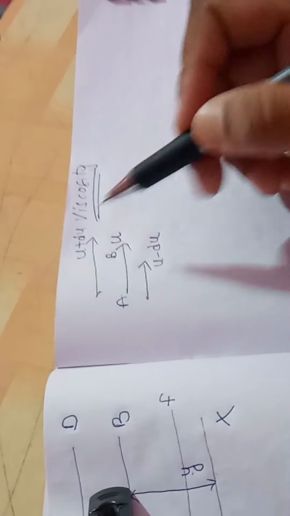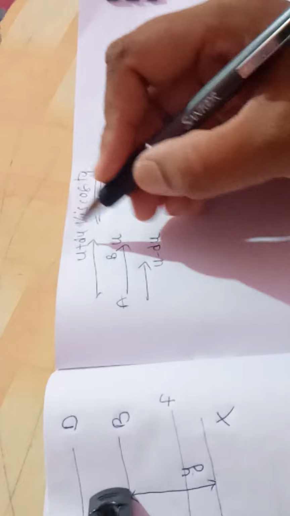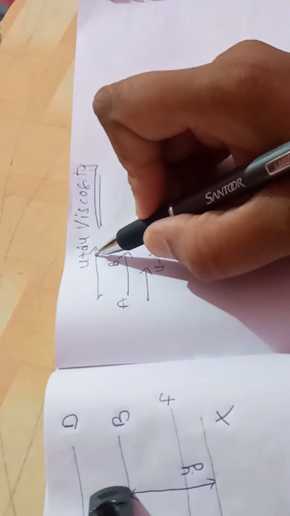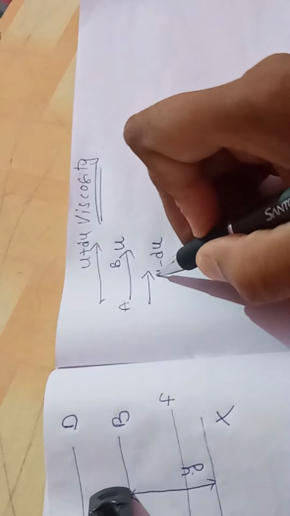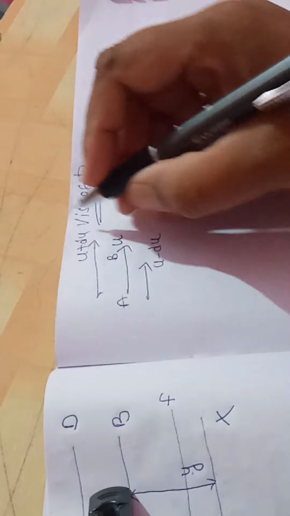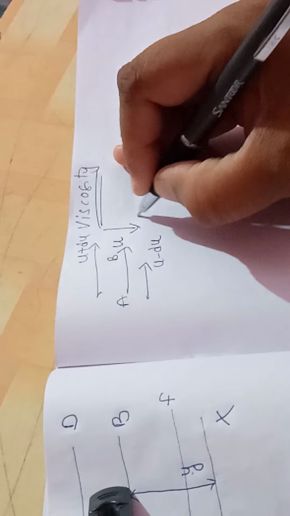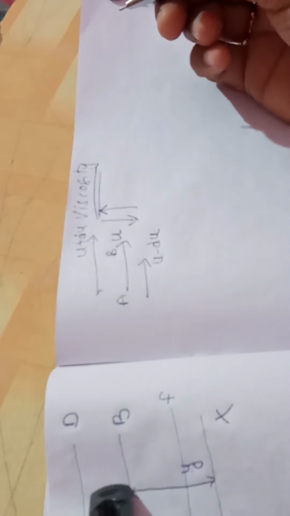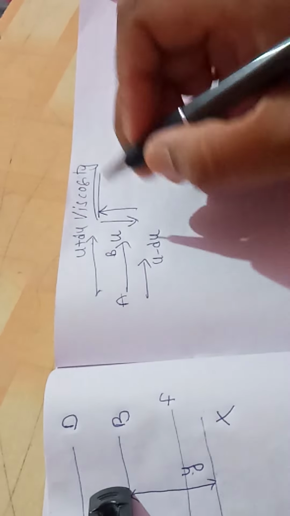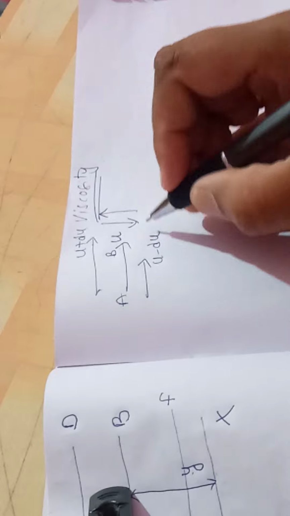In order to reach equilibrium, either the velocity of the upper layer must decrease or the velocity of the lower layer must increase. So the upper layer tries to decrease the velocity of the lower layer, and the lower layer tries to increase the velocity of the upper layer. That is, opposite actions are taking place.